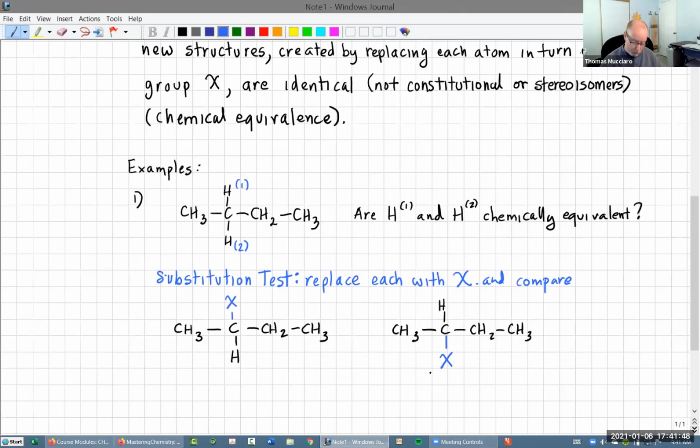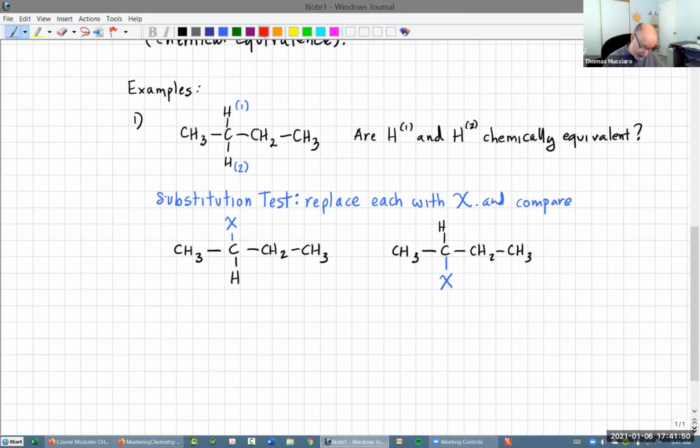Okay, and then what I do is I ask, what is the relationship? And again, that's a skill that we worked on in first semester lecture class. And by now, I'm sure you can look at them and just say that these are clearly identical structures. Right?